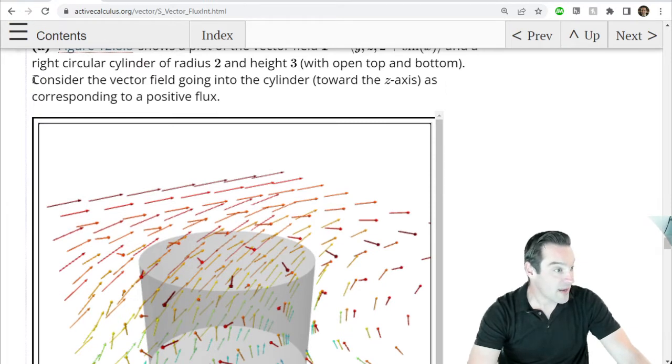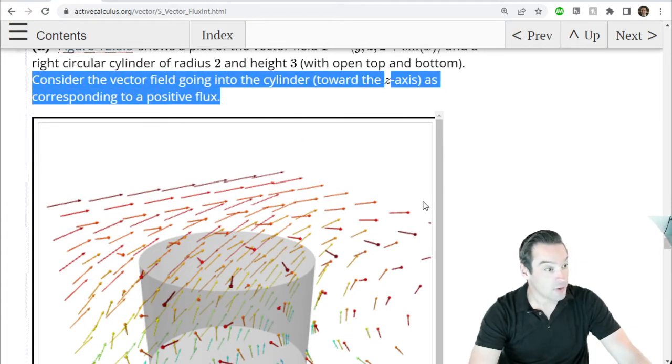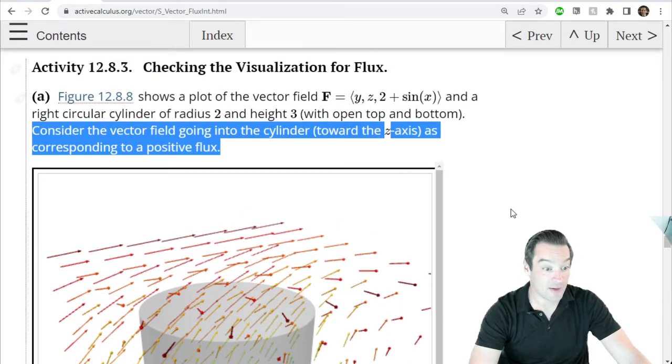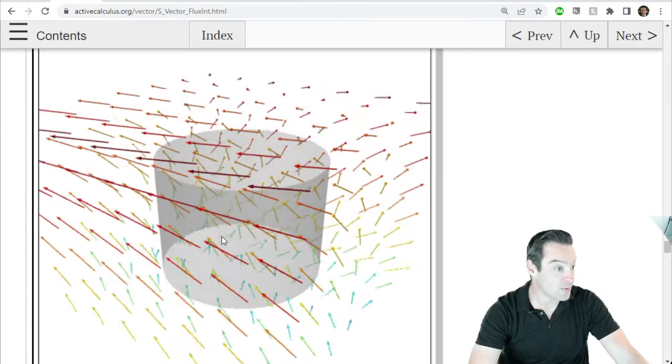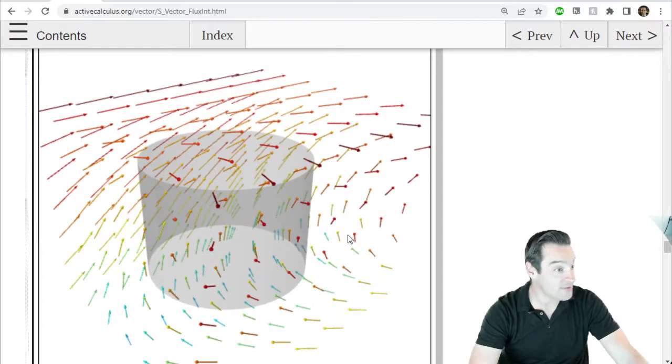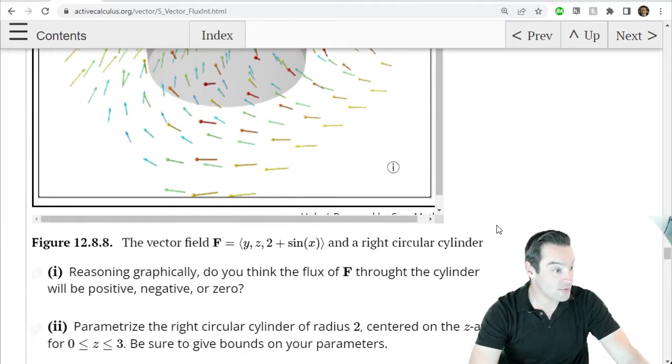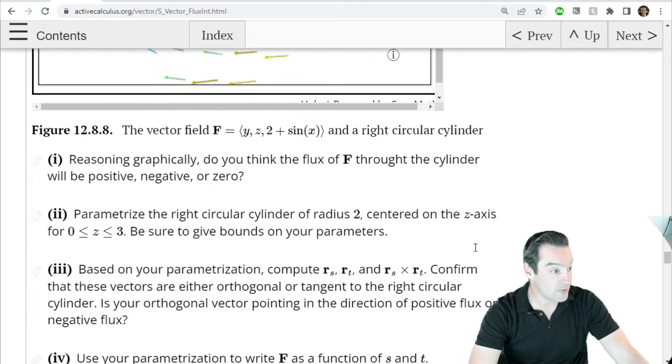And in order to make that decision, we need to know which direction our normal vector is going to point. And so here we're given that before we do any calculation: if we consider the flux going into the cylinder as positive, so a normal vector that points in towards the z-axis as positive flux, then that'll be the direction that you use to try and reason graphically about whether this total flux is positive, negative, or 0.